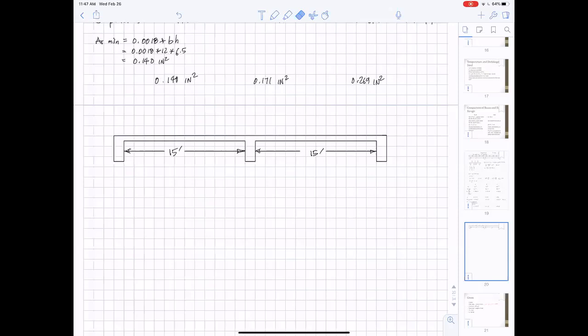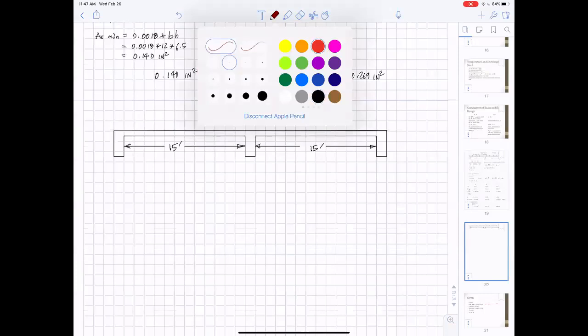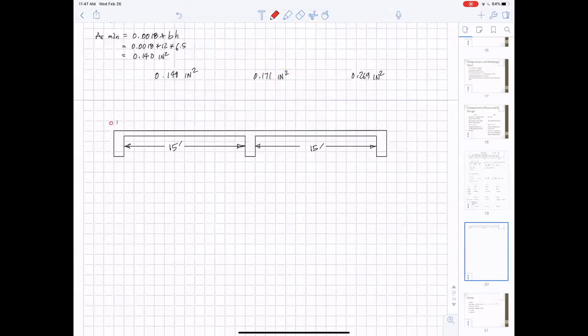We'll pick these steel out from an AS per foot table in a little bit. But for now, let's just summarize what we have. So let me copy this picture and put it down here. I'm going to take this off to help us draw this better. And so what we need, let me put it in red, we need 0.14 inches squared per foot there on the top. We need 0.171 inches squared per foot on the bottom there. And we need 0.269 inches squared per foot on the top there. In addition to that, we need temperature steel going this way, and that temperature steel is this minimum 0.140 inches squared per foot.